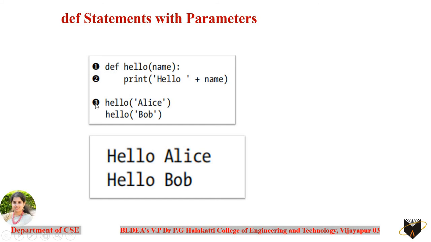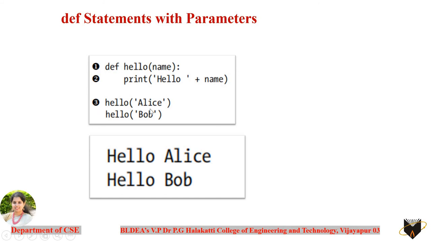So in the third point, you can see hello, and within the parentheses you need to pass the argument here. This string Alice is nothing but the argument, which in turn will be placed into the variable name, and that will be filled within the body here.